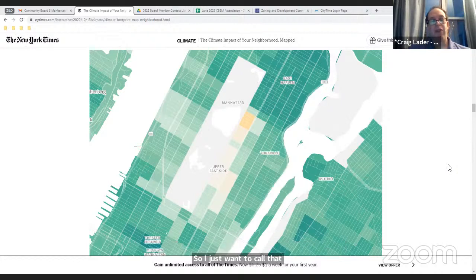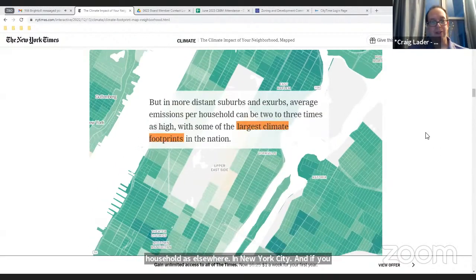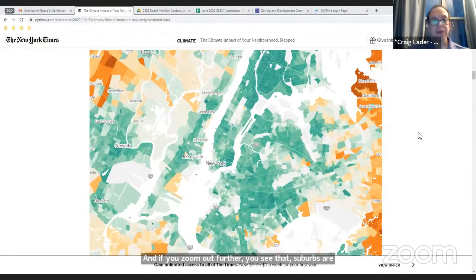And we don't have to do this here, but if we were to zoom out and look at the rest of the city, this is the only area in Manhattan, aside from the World Trade Center, that has that yellow or brown shading, suggesting that we are not nearly as good in terms of emissions per household as elsewhere in New York City. And if you zoomed out further, you'd see that suburbs are also a very different situation as well.